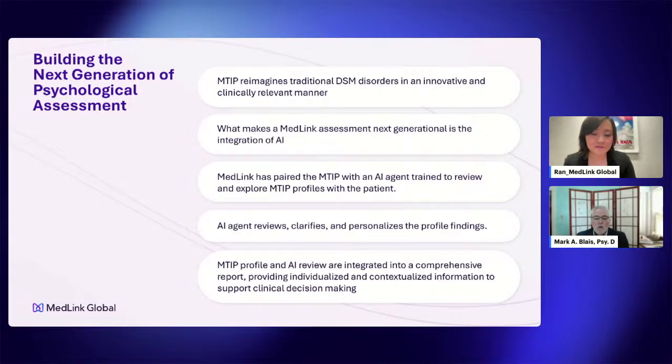At MedLink, we are pairing the MTIP with an agent that's been trained to review, understand, and explore the profile with the patient. The agent's review clarifies and personalizes the findings. The MTIP profile and AI review are integrated into a comprehensive report, providing individualized, contextualized information to support diagnosis and clinical decision-making. Thank you very much.